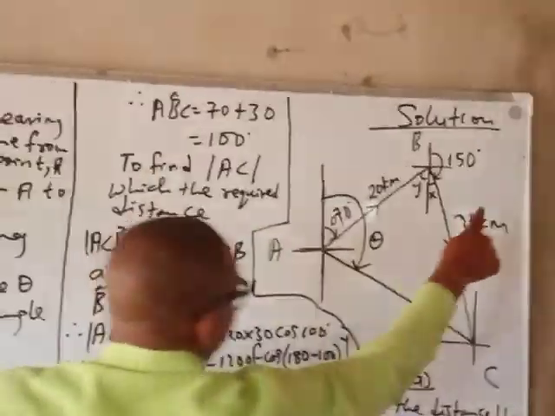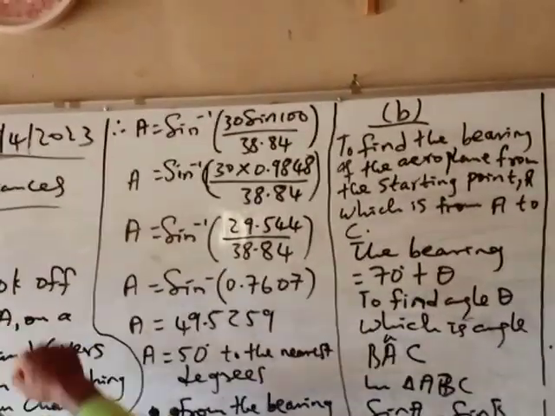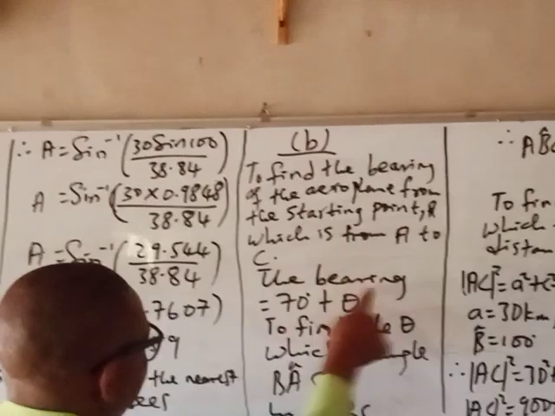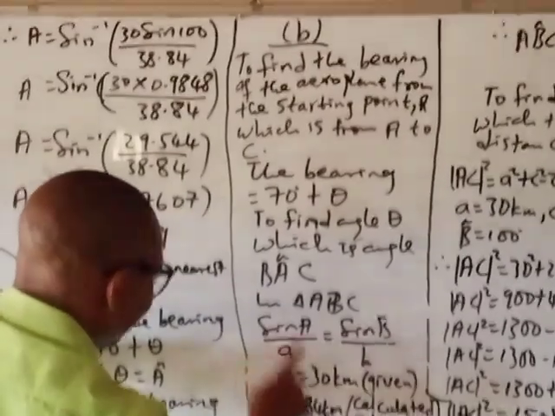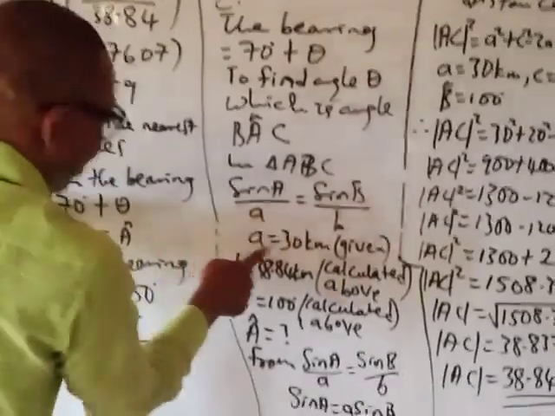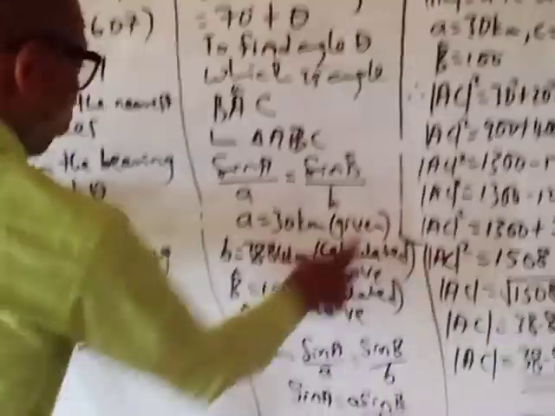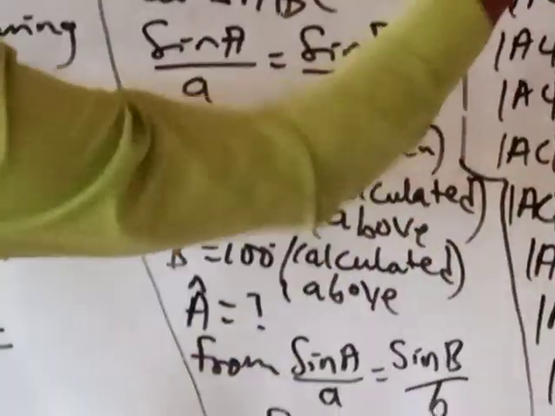Using sine rule to find theta, we have sine A over small a equals sine B over small b. And that is what we did here. The bearing, which is 70 plus theta, like I said. Sine A over small a equals sine B over small b. Then small a is 30 kilometers, which is given. Small b is 38.84 kilometers, which is calculated above.